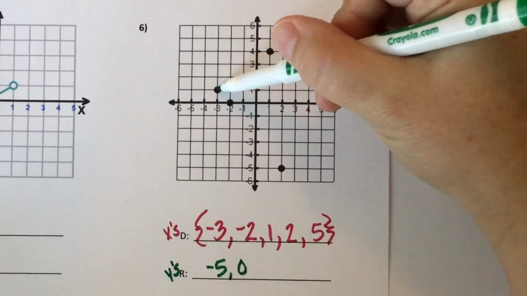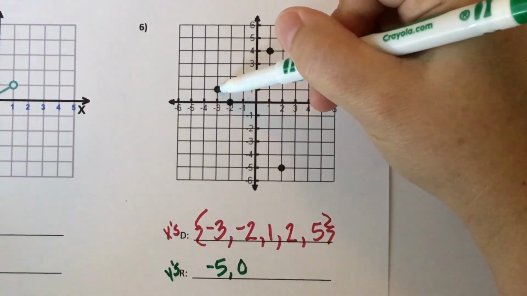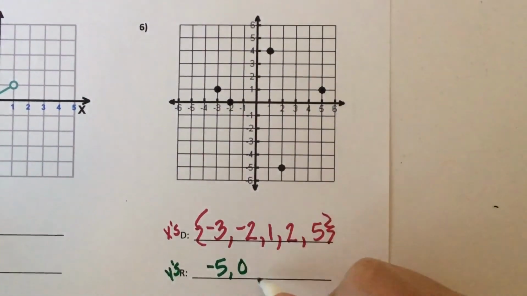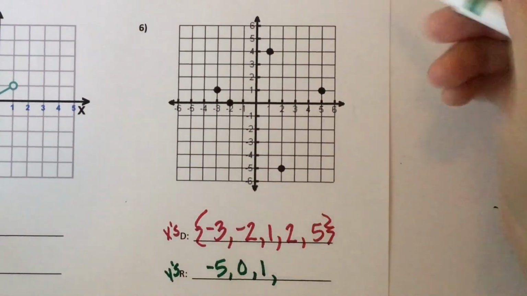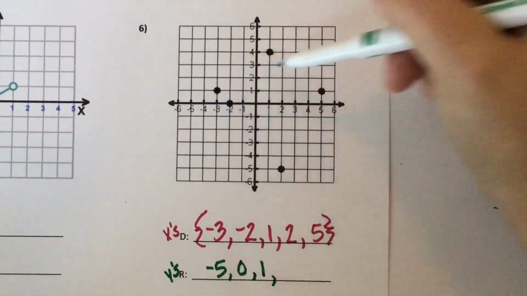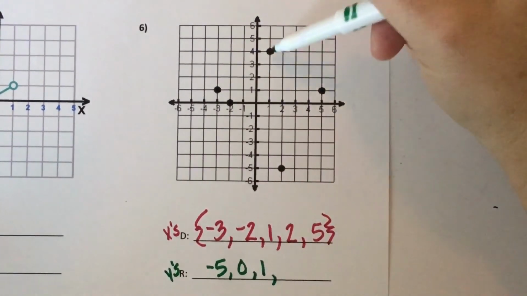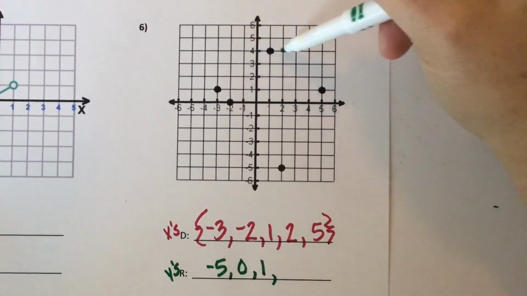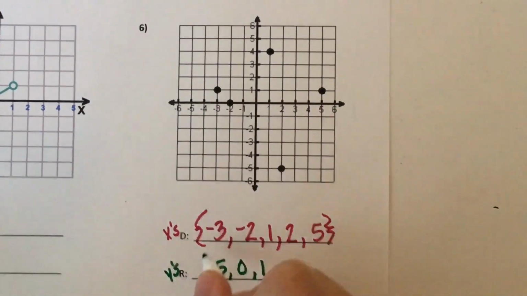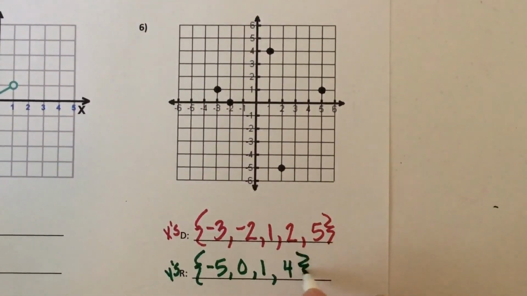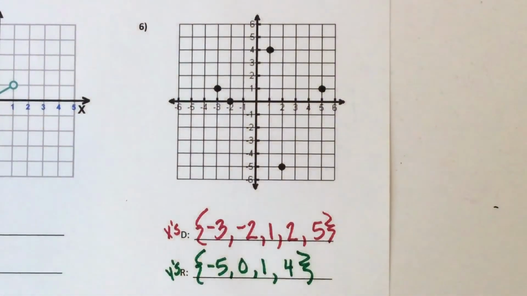And then who's your y value here and here? Your y value is a 1. Now, I don't write it twice, I only write it once. And then who's the highest y we have? 4. And I'm going to put set symbols around that. Okay. And that's how you do domain and range of a discrete graph.